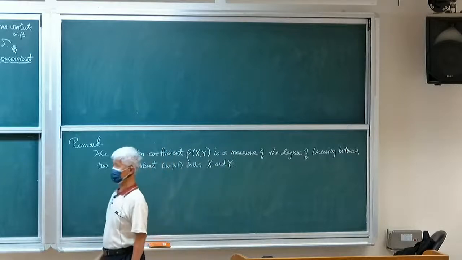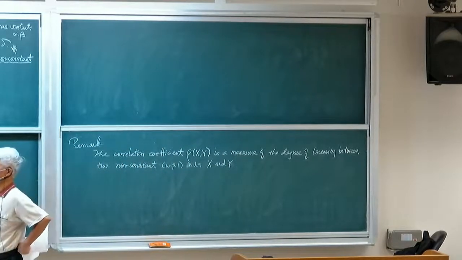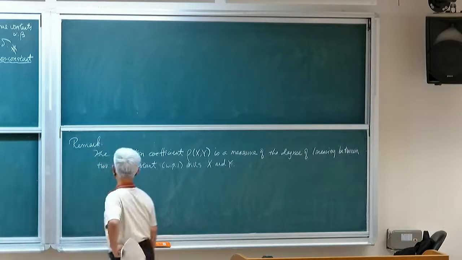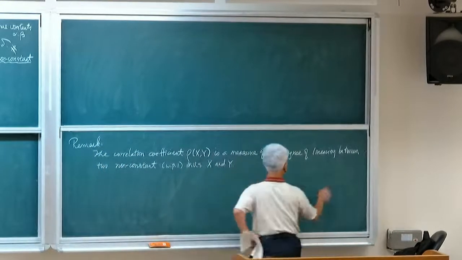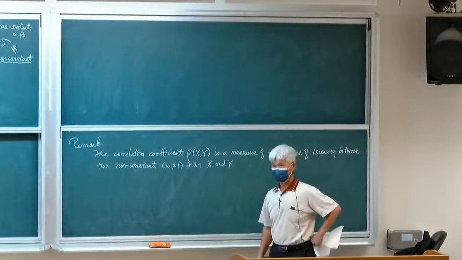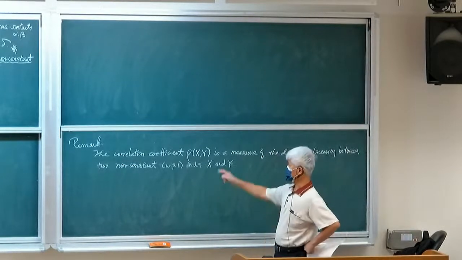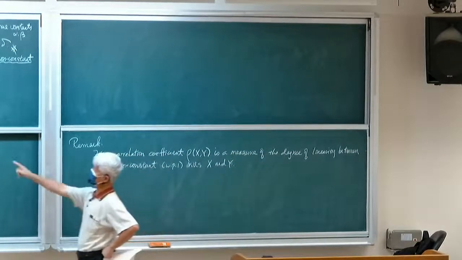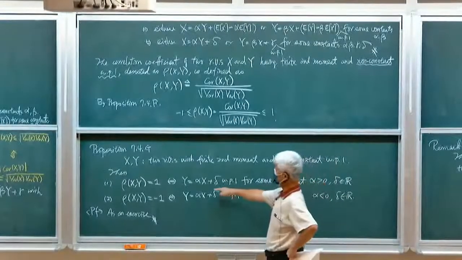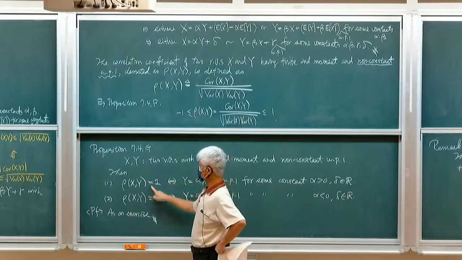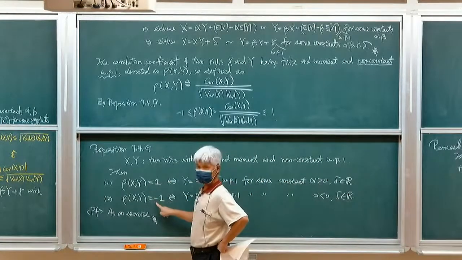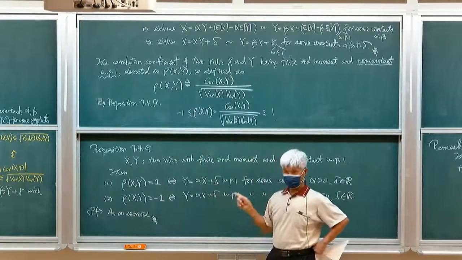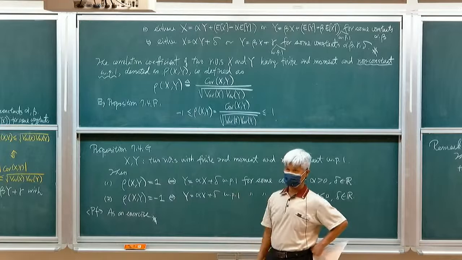So in practice, people usually want to see the degree of linearity between two random variables. And the correlation coefficient is a very good measure, because in this proposition, if the correlation coefficient is exactly equal to plus or minus 1, you can see that they are really linear with probability 1.